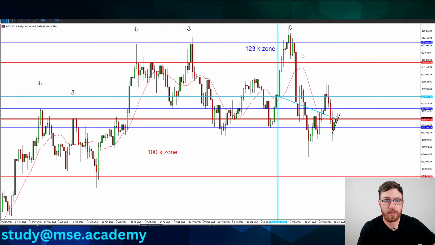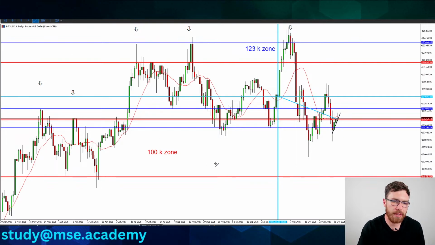Now, I do know there are some, but definitely not all of them saw this opportunity to short this asset. But now we can see that the market is sitting around that $110,000 level and is not finding a way to move higher or lower.